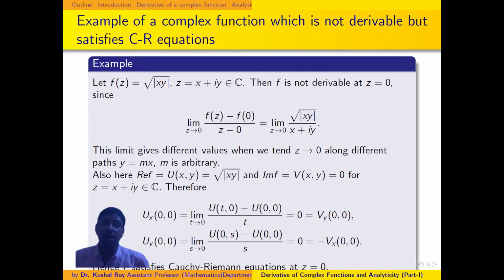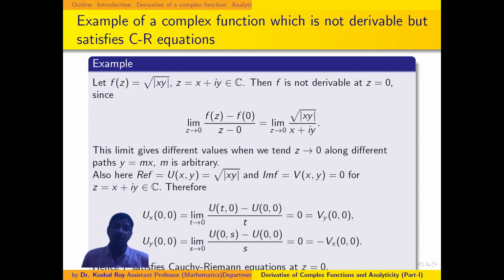This complex function f is not derivable at z equal to 0, since if you consider the limit as z tends to 0 of (f(z) minus f(0)) by z, this will be the limit of root over mod xy divided by x plus iy. This limit gives different values whenever we tend z to 0 along different paths y equal to mx, where m is arbitrary.